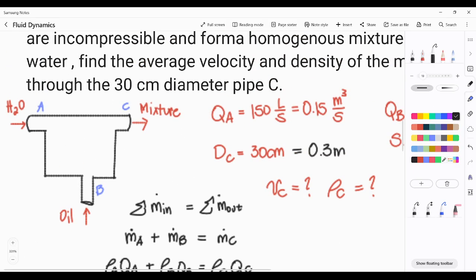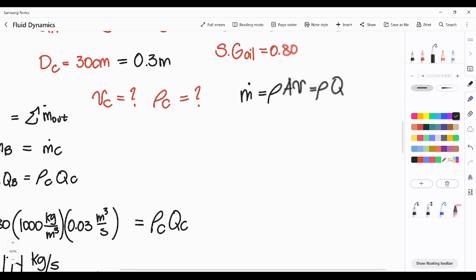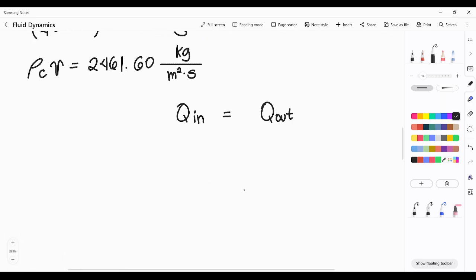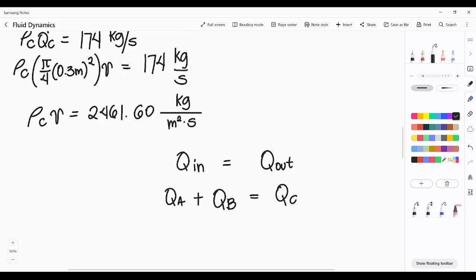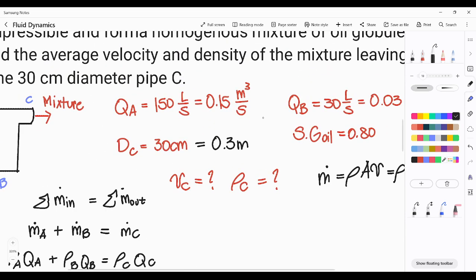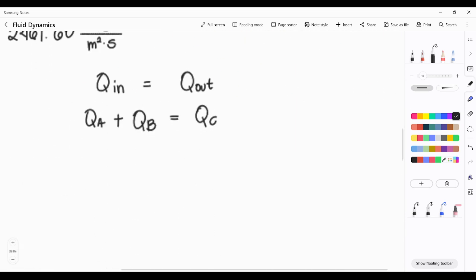And from our diagram, ang pumapasok na volume flow rate ay sa A at sa B. Tapos lumalabas si C. Now from here, this is QA plus QB is equal to the volume flow rate at Q sub C. We have the value of QA and QB, which is 0.15 plus 0.03.